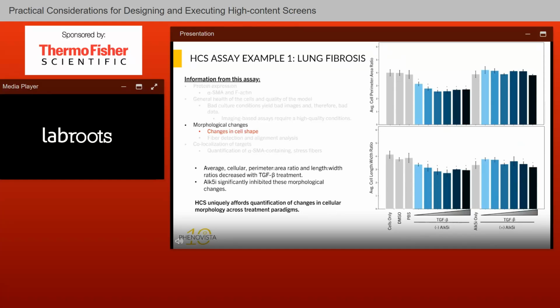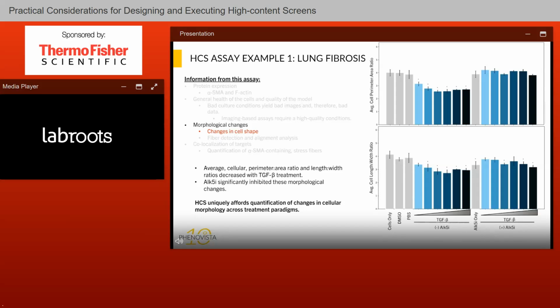And I think here's another slide. Oh, so this again is really speaking to the high content aspect. There's a lot of different aspects of the data that you get from a study like this. So here we're just looking at the cell shape. We can measure changes in the cell shape that occur with administration of TGF-beta, the induction of fibrosis. You can see in the top plot there, we use this metric called perimeter to area ratio, which draws a line around the cell and then calculates its area within that boundary.